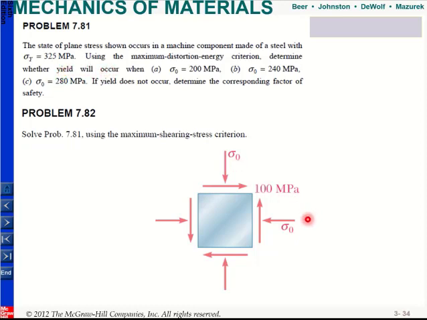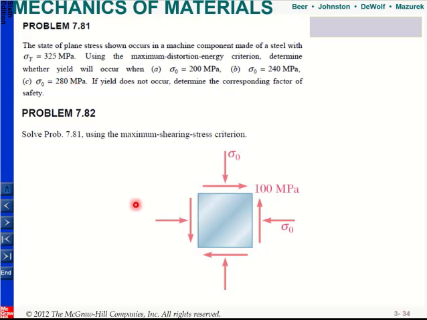They give different values for sigma 0, and shear stress is given as 100. And in the second part also we want to use the maximum shearing stress criterion. So basically we will use both criteria given for ductile materials to determine whether the material will fail if you apply different sigma 0 values, and they change from 200 to 280.